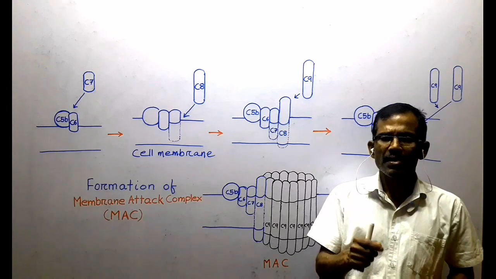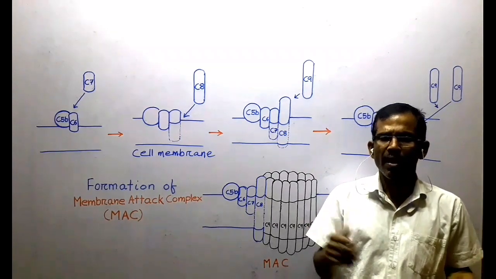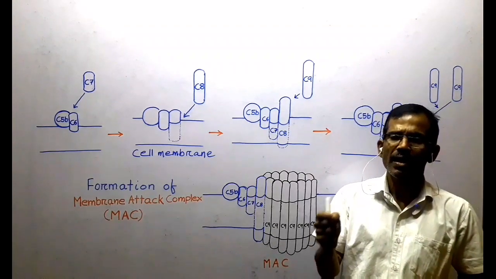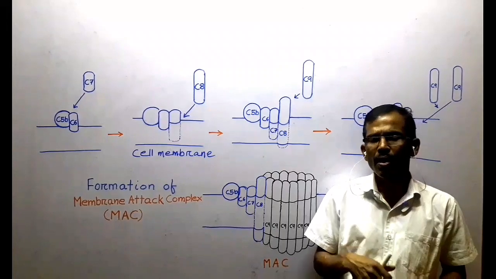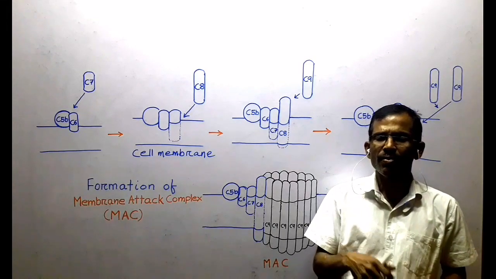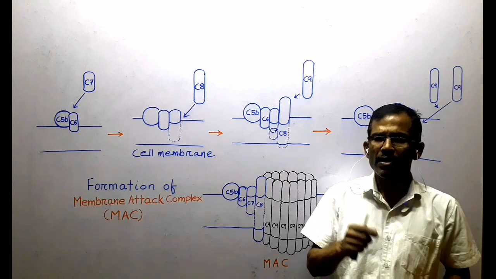All the reactions that we have discussed so far take place on the hydrophilic surface of the target microbes or on the immune complexes in the fluid phase of blood, lymph or tissues.